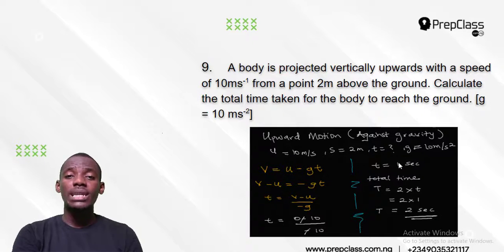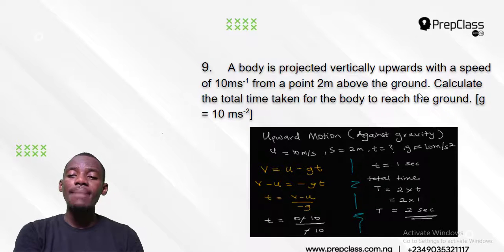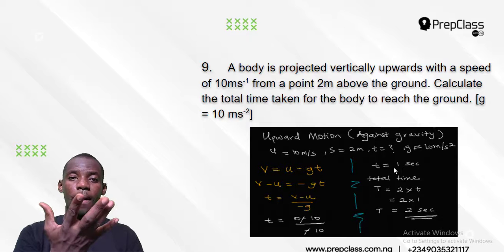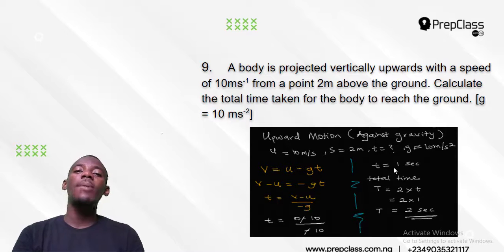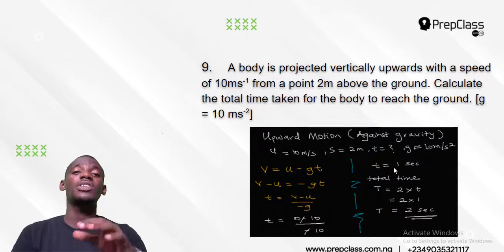Now I've gotten my time, but the question said find the total time for the body to go up and come down. So the time that I found here is just the time for the body to go up, but the time for the body to come down again is the same, so the total is double. You know, this question focuses on the time it takes for the body to reach the maximum height.